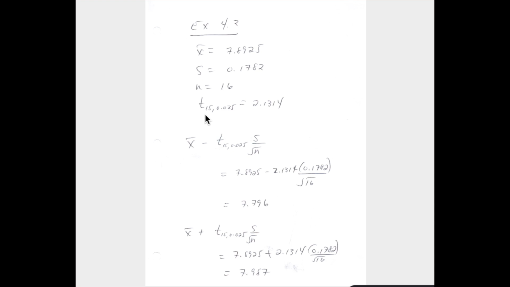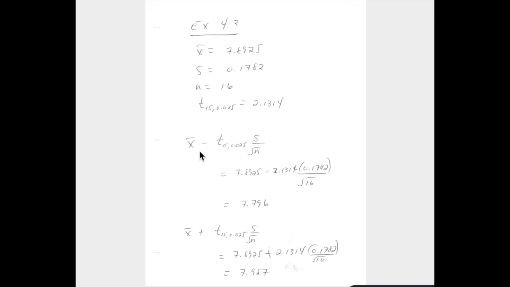sampling distribution of t. And we're going to first calculate a lower confidence limit for mu, and in particular a 97.5% lower confidence limit for mu. And so we need the upper 2.5 percentage point of the t-distribution with 15 degrees of freedom. And that value is 2.1314. We looked that up previously, so we don't need to look it up again.